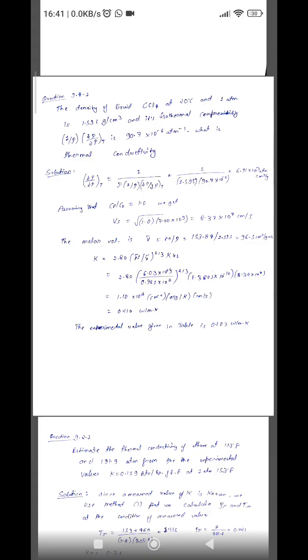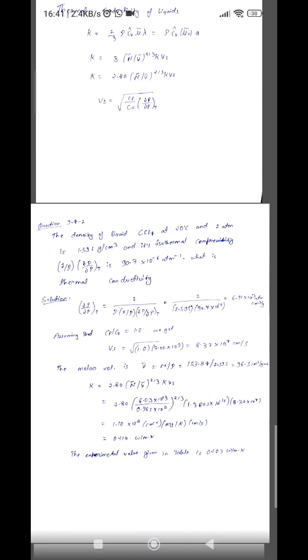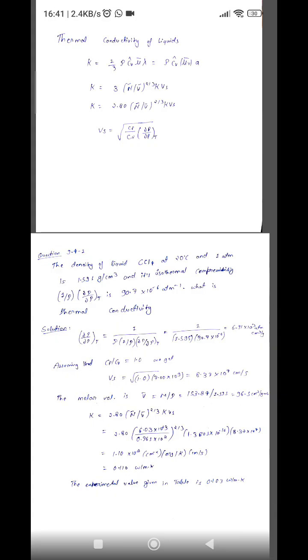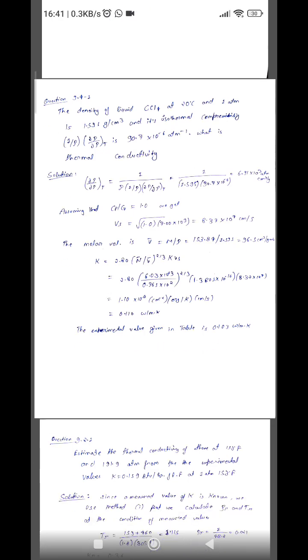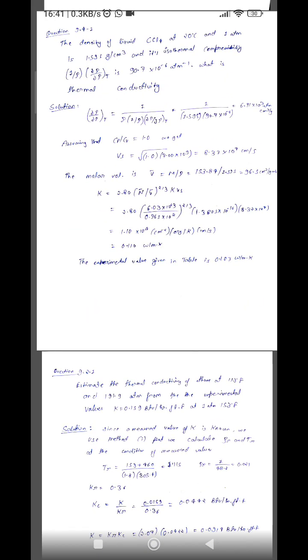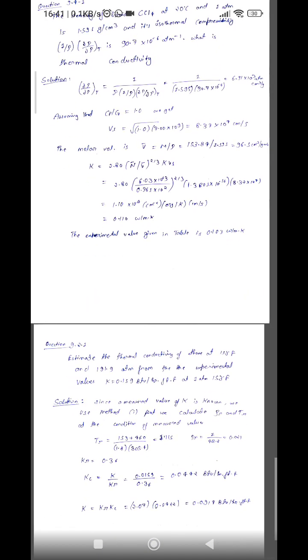And the value of Vs we have calculated: Vs is Cp by Cv into del rho by del P at constant T. Del rho by del P at T is also given, so putting that in we have got Vs, and the molar volume is M by rho. So we got the molar volume, mass upon density.